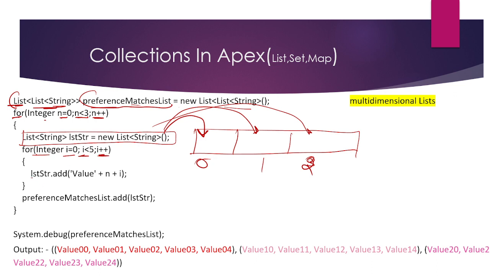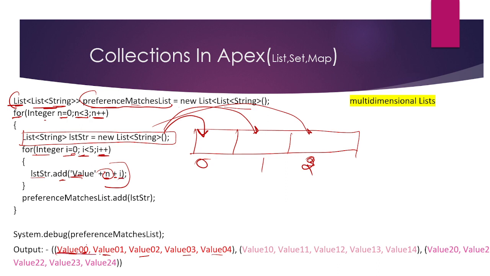Now lstr dot add values plus 1 plus i. The n value comes from here, starting at 0, and the i value comes from here, starting from 0. What is the output or value? The n value is 0 and we run the loop 5 times, starting from 0: 0 1 2 3 4, five times, because i equals 0, then the i value comes here.